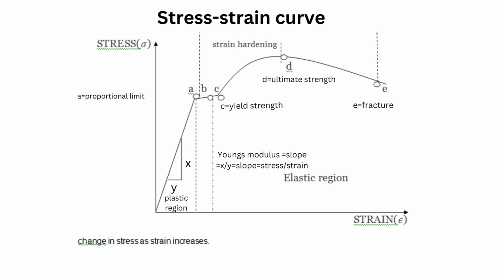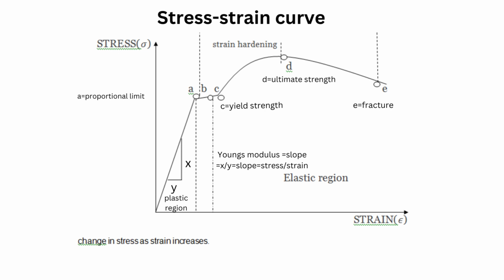Point A is the proportional limit, and points B and C are the yield strength. At point D it is the ultimate strength, and at E the fracture occurs, I mean the object breaks. You can also see strain hardening in the diagram. So this is about the stress-strain curve.